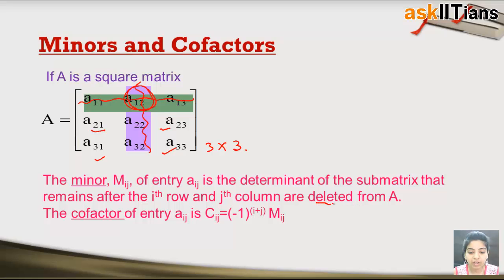After deleting the row and column you get the minor, and the cofactor, as we have discussed, is minus 1 raised to the power i plus j Mij.